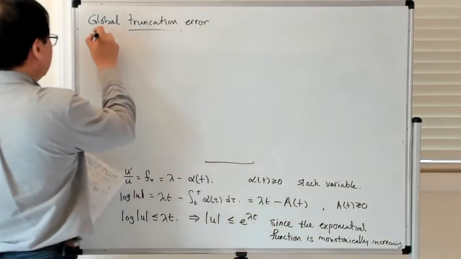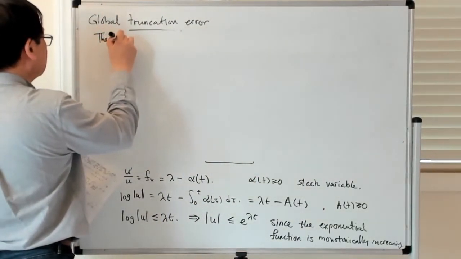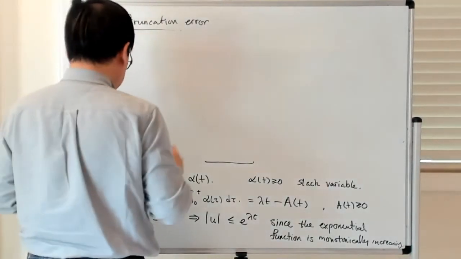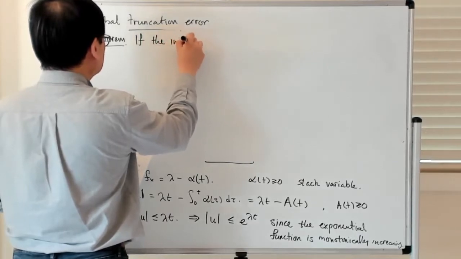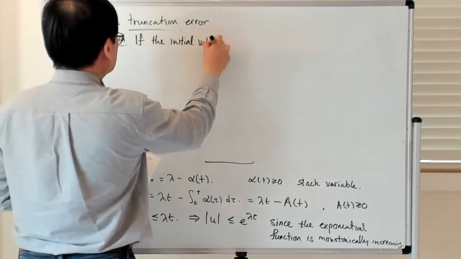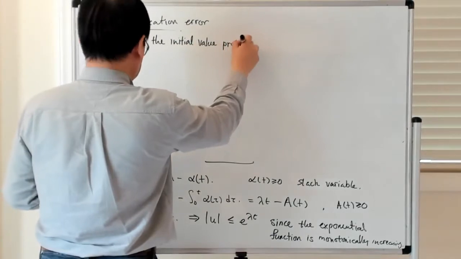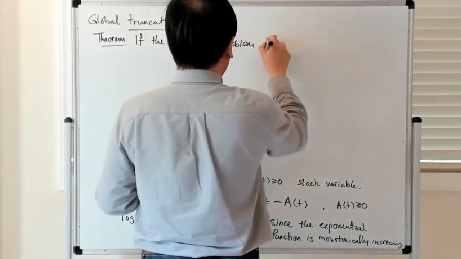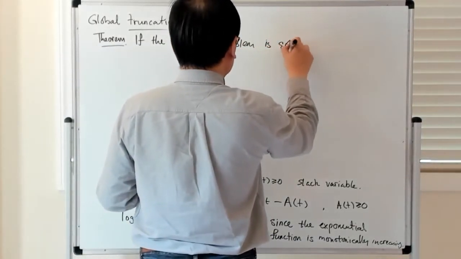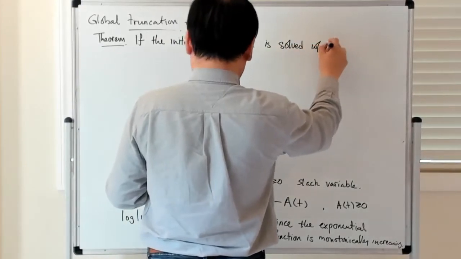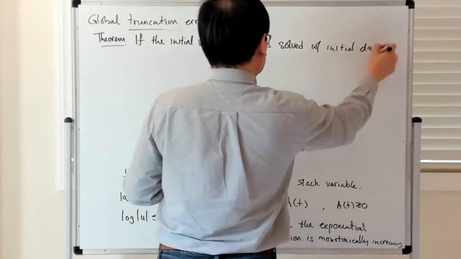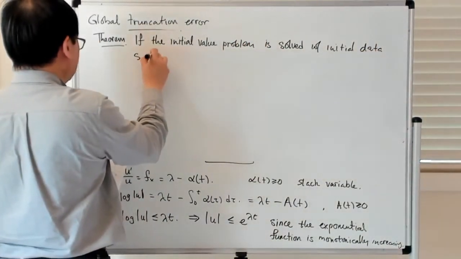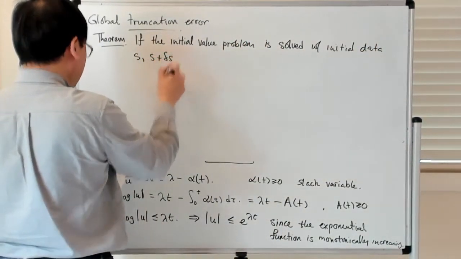Okay, so let's state another theorem. So the initial value problem is solved with initial data S and then a slight perturbation of S, which I call S plus delta.